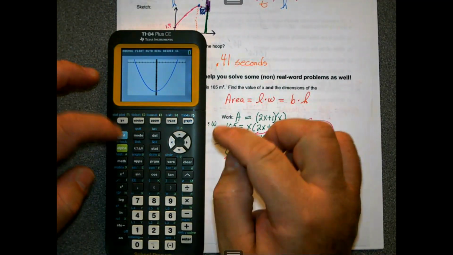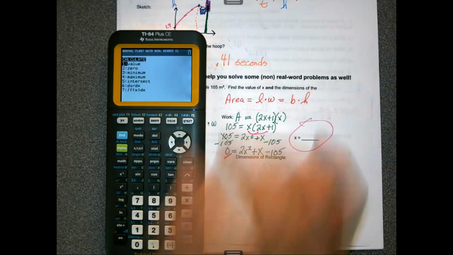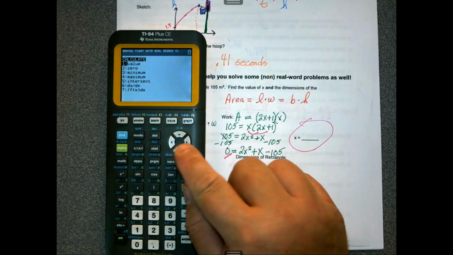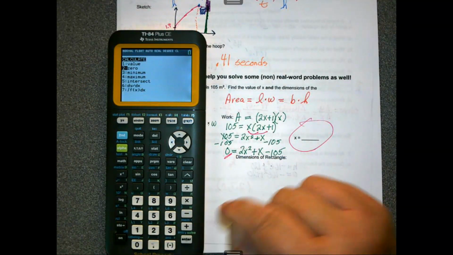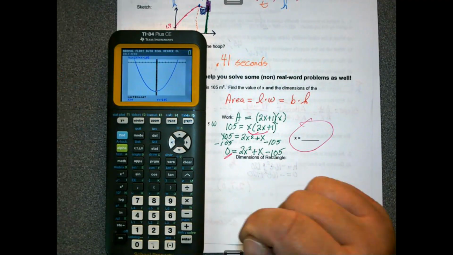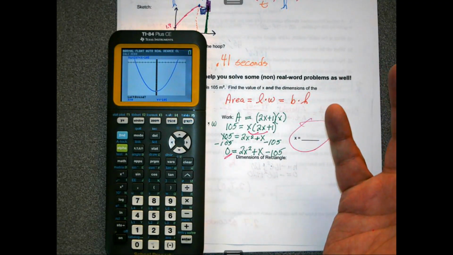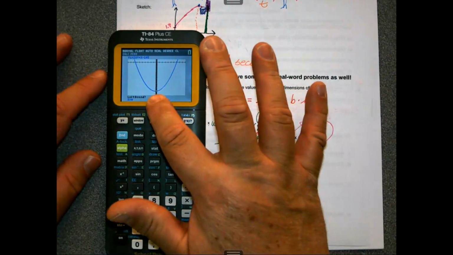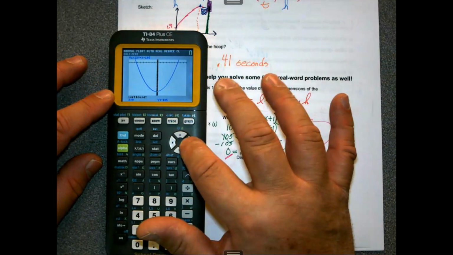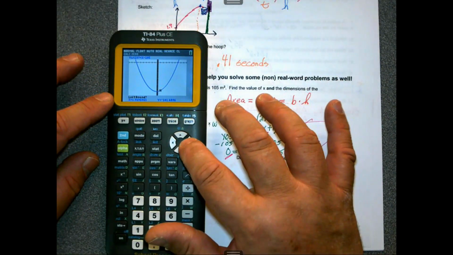So I'm going to go to calculate again. Hit second trace. This time I'm looking for the zero. I'm going to highlight zero, hit enter. Now I don't know where my cursor is. Oh, there it is, right there. It's at x equals 0. So I need to be to the left of that point, which I am.